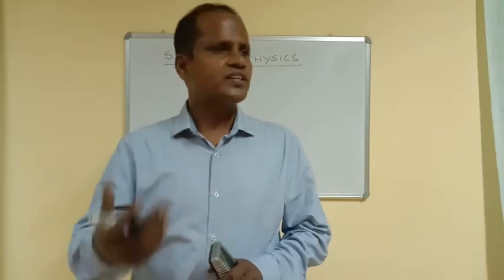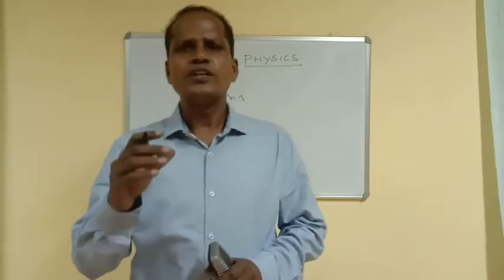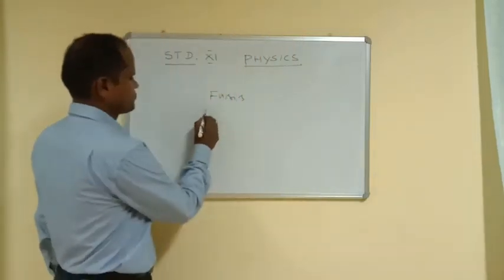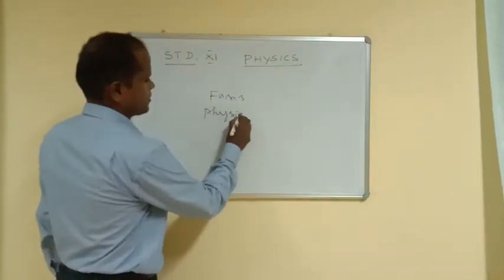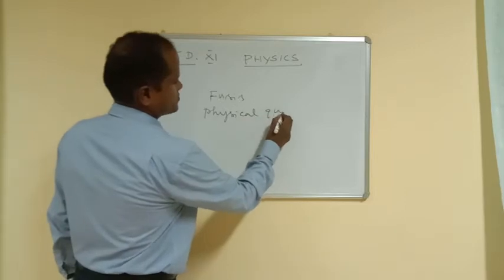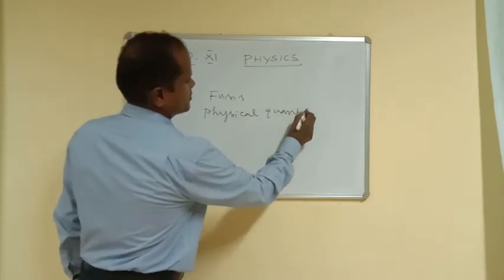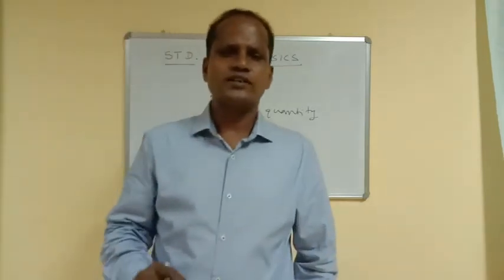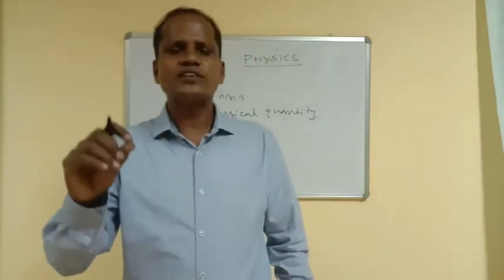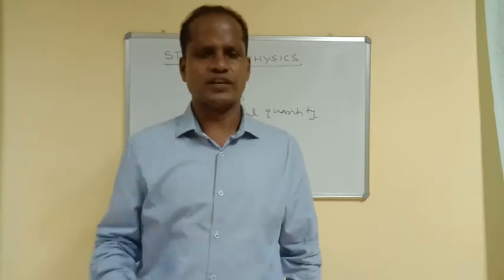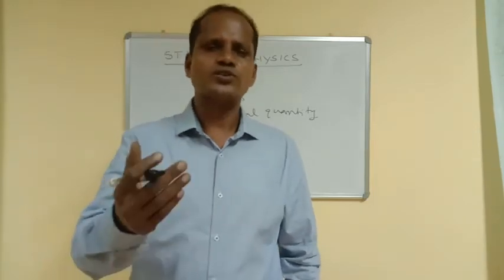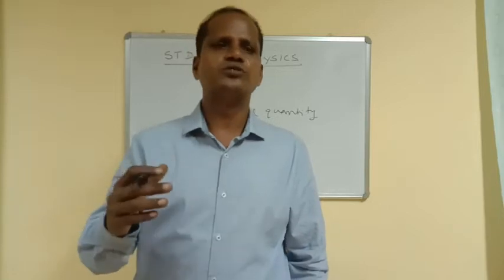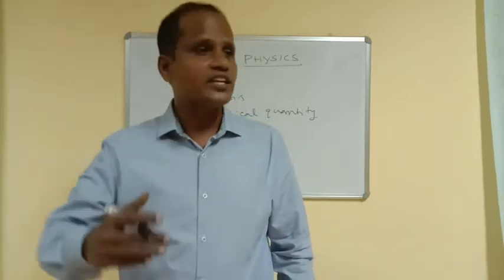Next we are going to see what is a physical quantity. A physical quantity is a quantity which gives the physical nature of a body. Suppose you want to know about a boy, his physical nature.